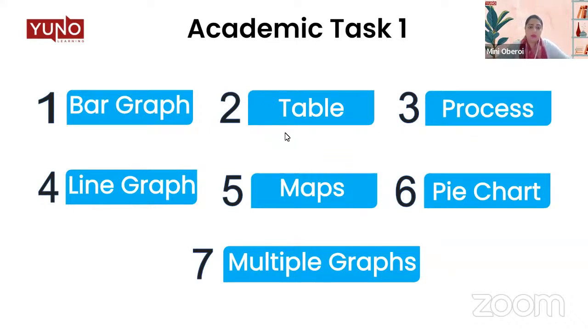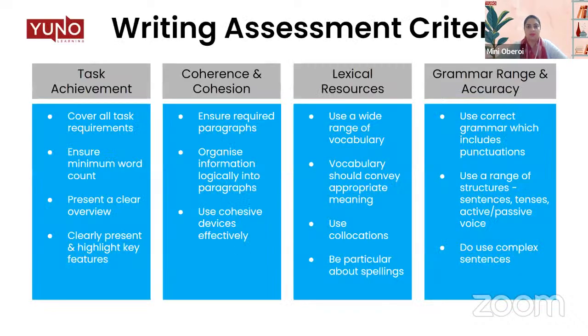Now, when we talk about these tables or these visual inputs, our main idea is to summarize the information. When we write a report, we must summarize that particular piece of information.